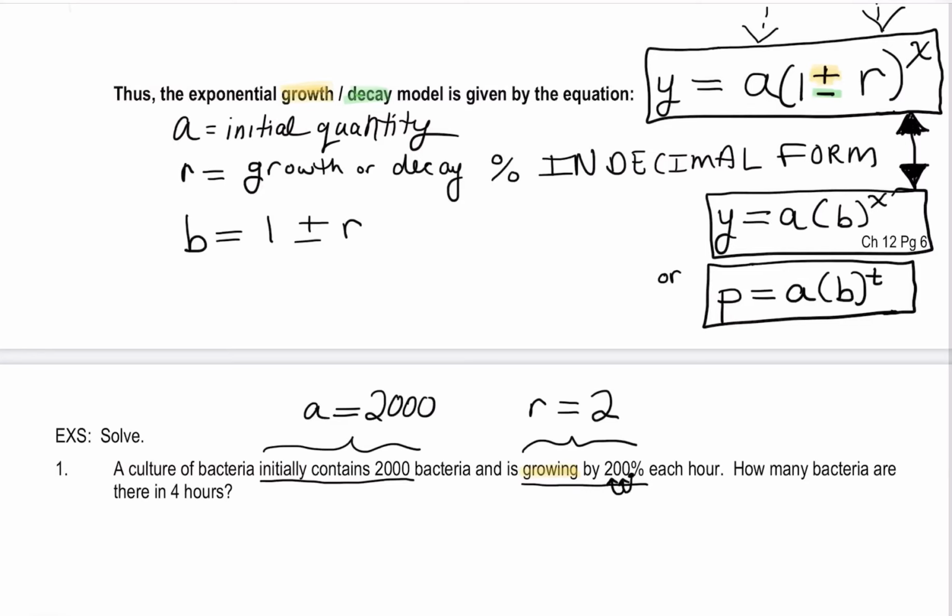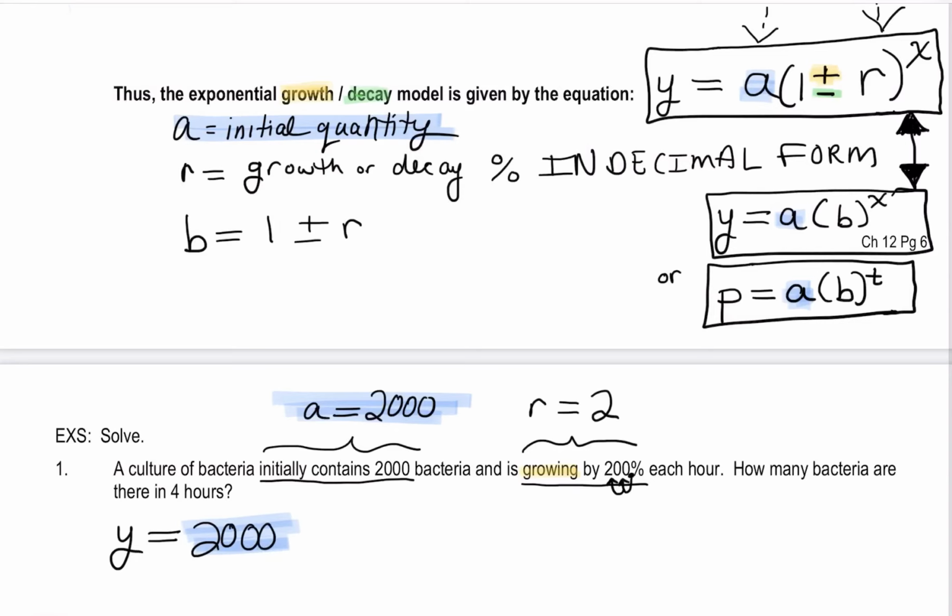So my exponential model, if you're asked to determine that, would be y equals, and the first thing I'm going to sub in here is my A. The A is the initial quantity. So in these equations, the A is the initial quantity, so the first constant that's going to go in is that 2,000.